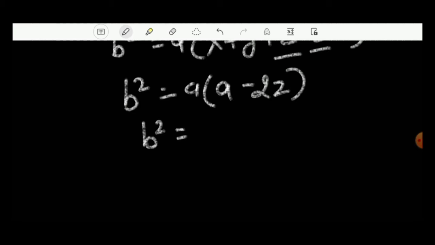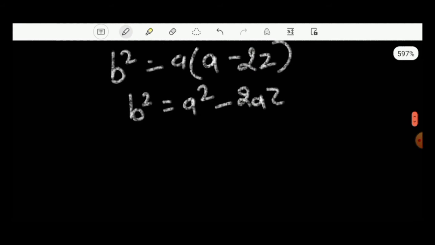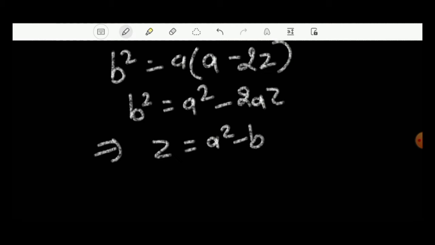So first of all we multiply a inside the bracket and we'll obtain this, and from this equation we can simply get the value of z, which is a square minus b square divided by 2a.